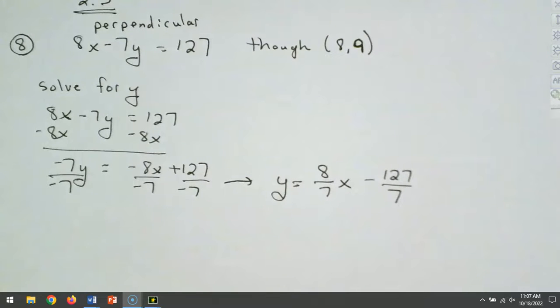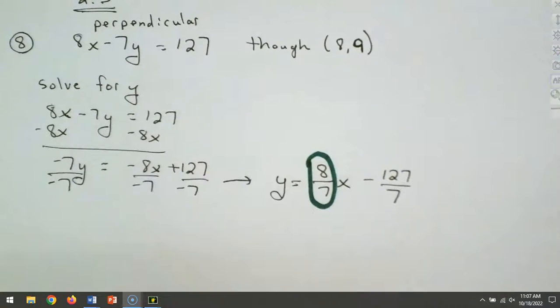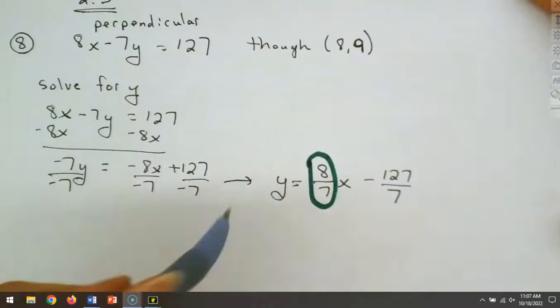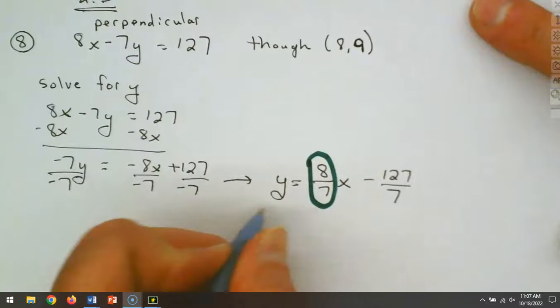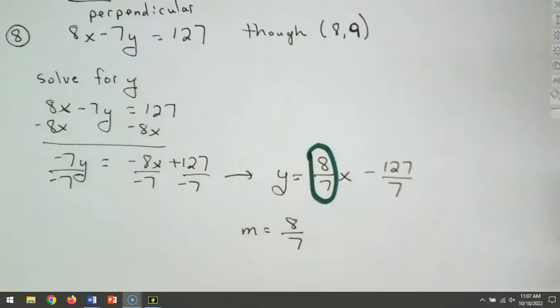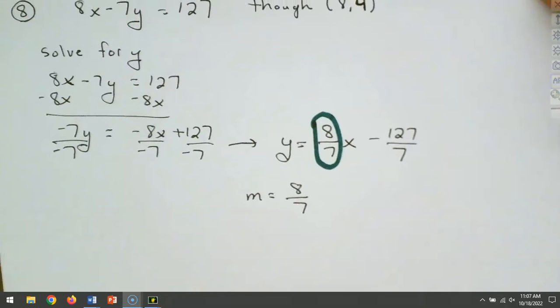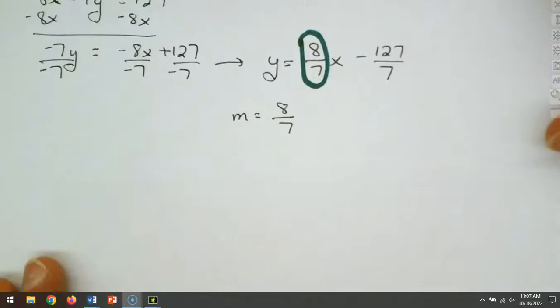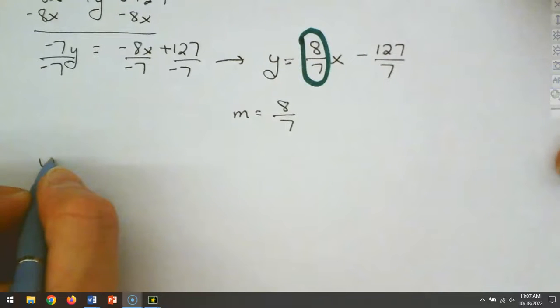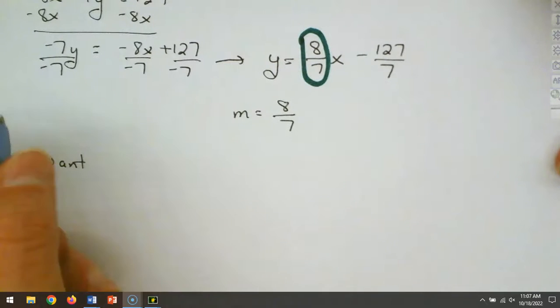Now, what is the slope that we're going to be using here? This is a slope that is our m. So that is 8/7. But that's not what we're going to be using, is it? That's not what we need to use, because what are we going to have to use? We want the perpendicular slope.